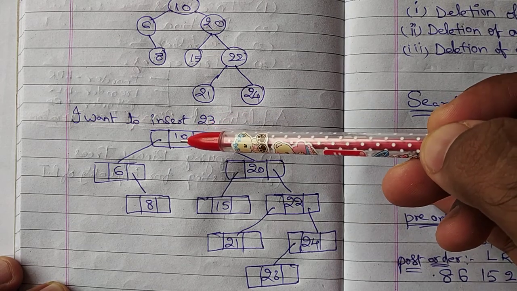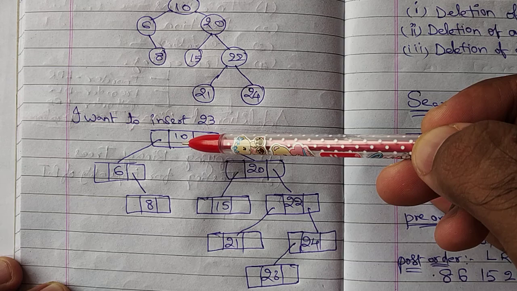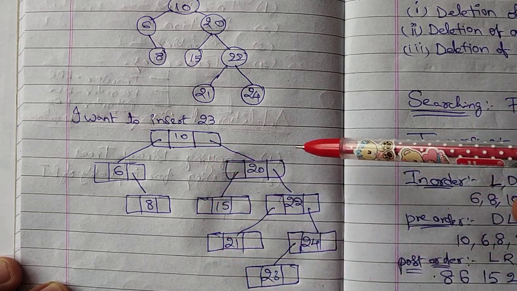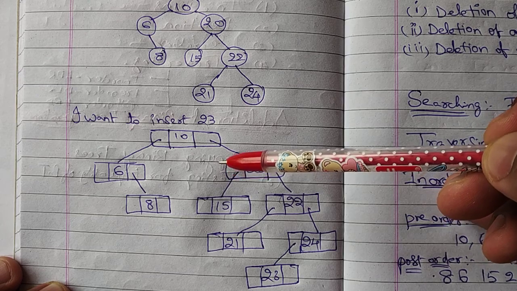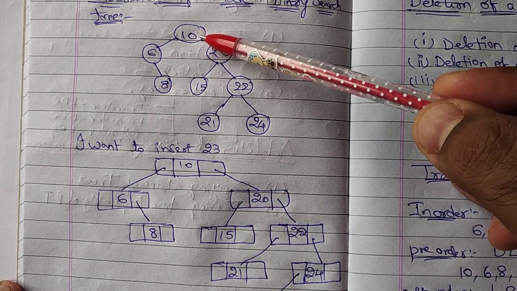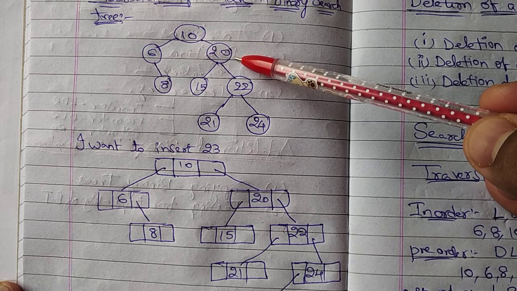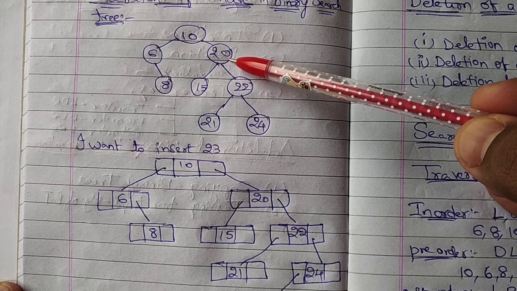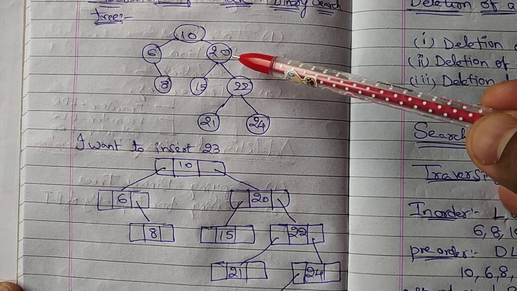Search starts from 10. 23 is greater than 10, so immediately you have to go to the right subtree. Come to the right subtree. 23 is greater than 20, come to the right subtree of 20.